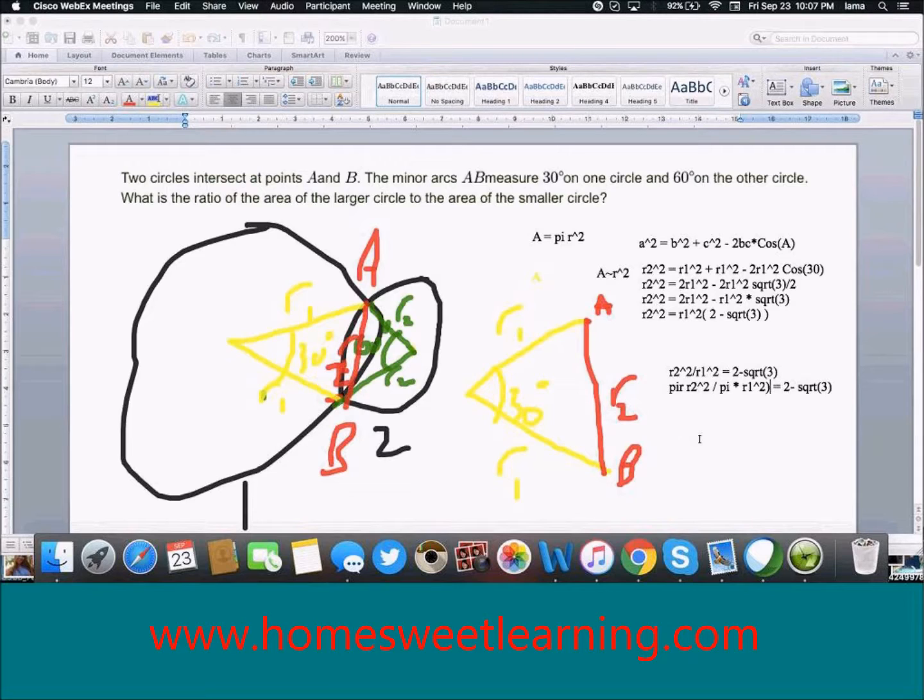Just put this in brackets to make it more clear, on both the top and bottom. And hey, look at that, we have pi times radius 2 squared over pi times radius 1 squared, which is pi r squared of circle 2 over pi r squared of circle 1.